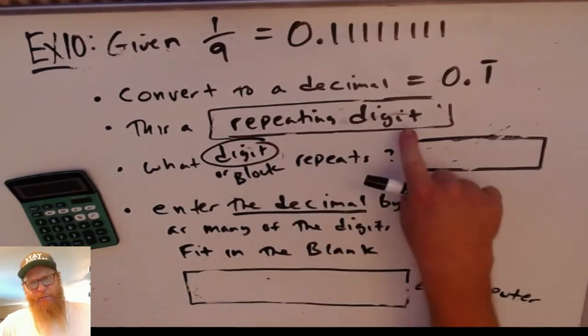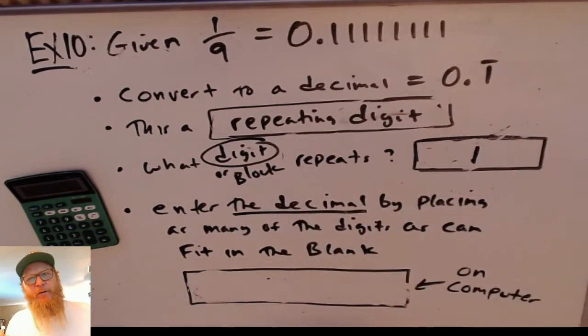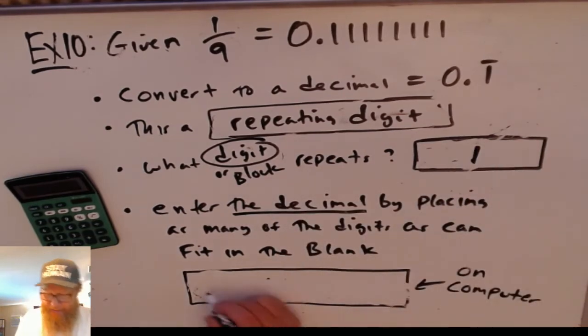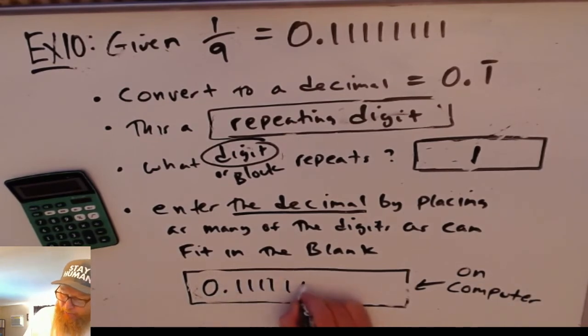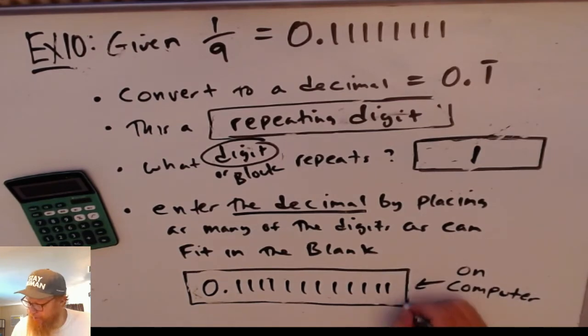This is again a repeating digit. What digit repeats? 1 repeats over and over and over again. And so just fit as many repeating 1s as you can in the box until you run out of space.